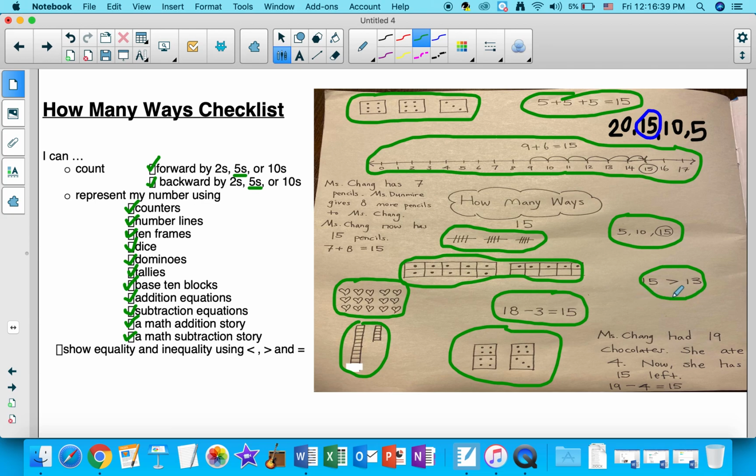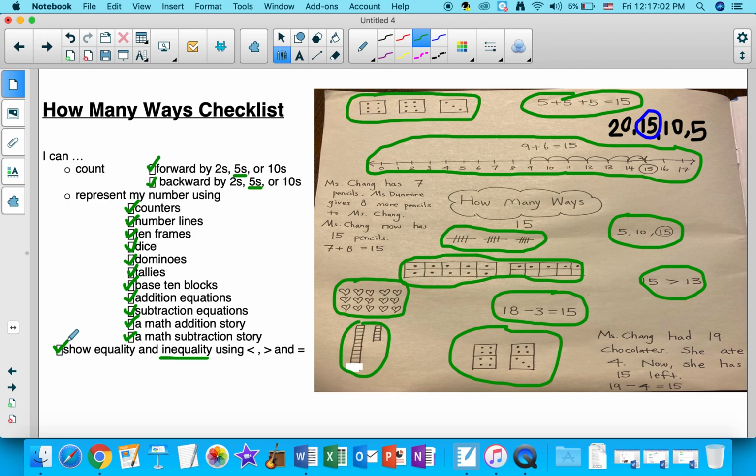So I've used the inequality sign, inequality is right here, and I've used this symbol right here to show that 15 is greater than 13. So yes, I did use this way to represent my number.